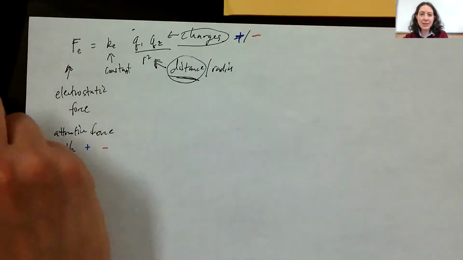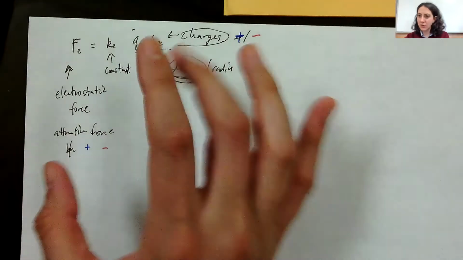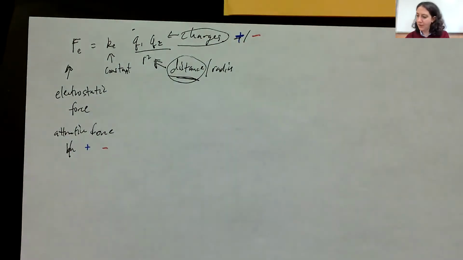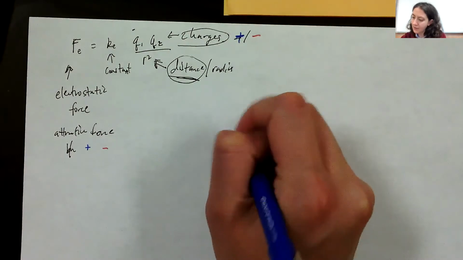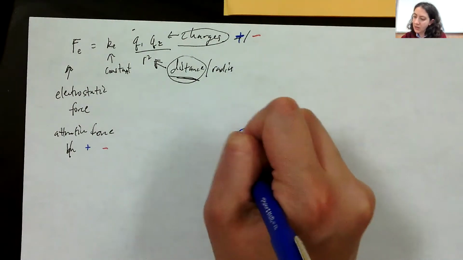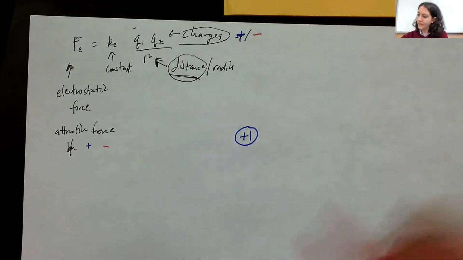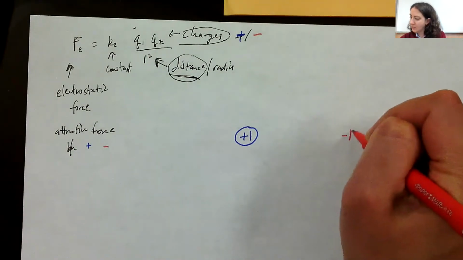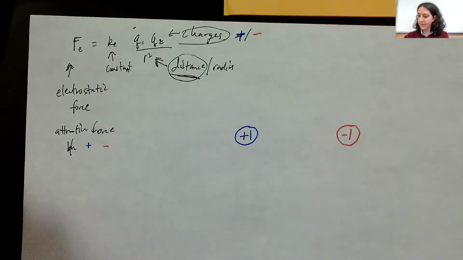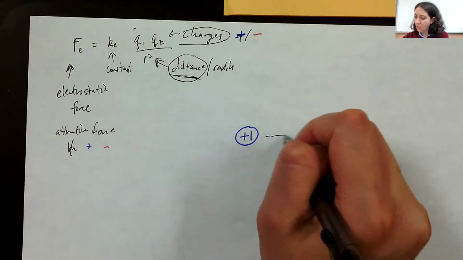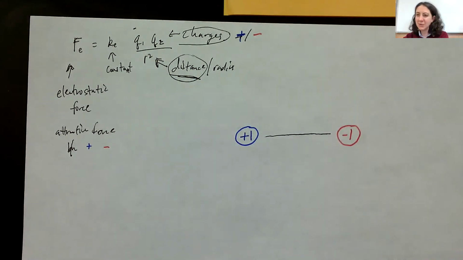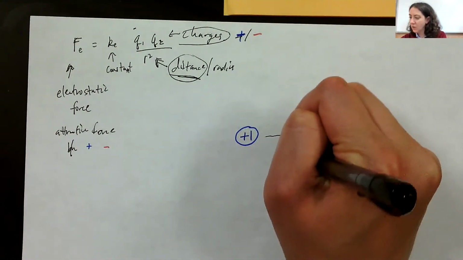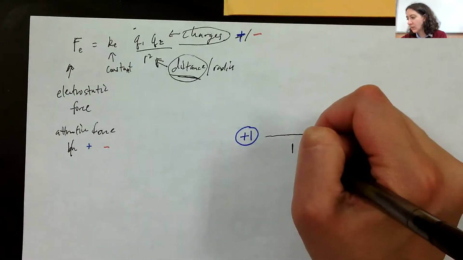Those are the two variables that we need to start figuring out. So let's just do a quick example. We'll run some numbers through this and see what we come up with. Let's say we have a +1 positively charged particle and a -1 negatively charged particle. And I'm going to make up a unit of distance. It doesn't really matter what it is because we're just plugging in some numbers.